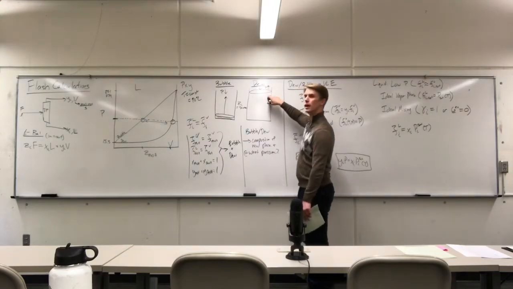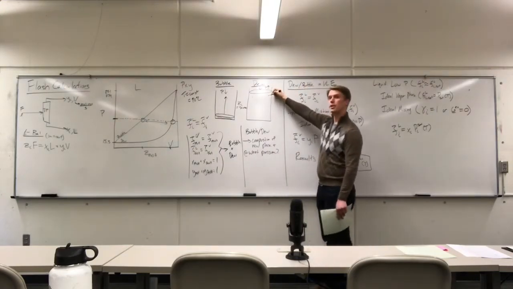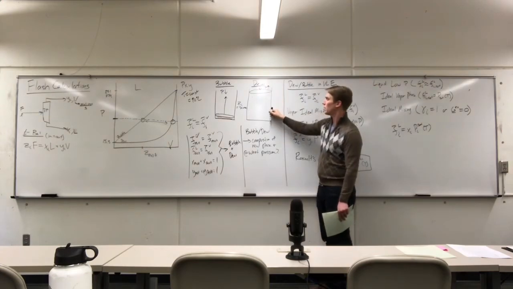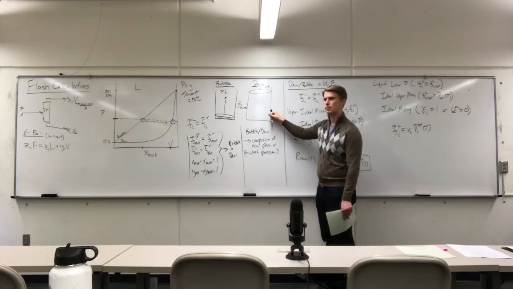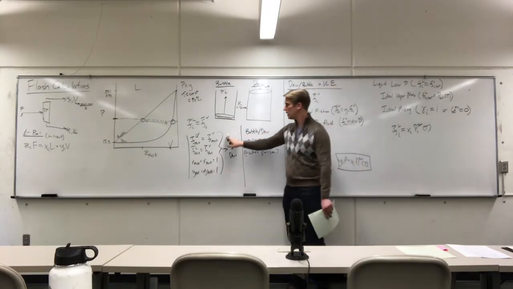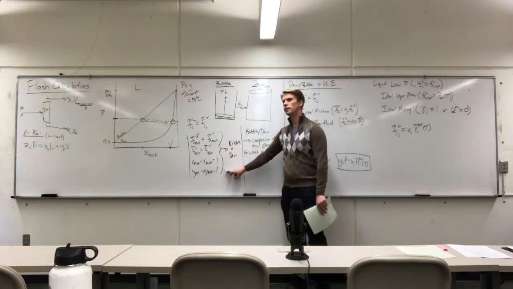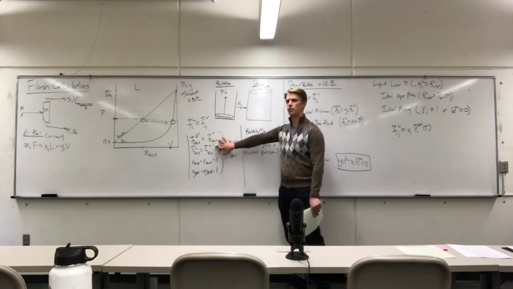For the dew curve, I have the opposite. I have 100% vapor. I'm going to pressurize it, and I want to know at what pressure the phase transition occurs. Now that is going to be the solution to this system of equations, right? Assuming Raoult's law for this particular example.